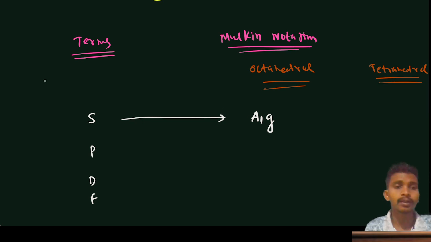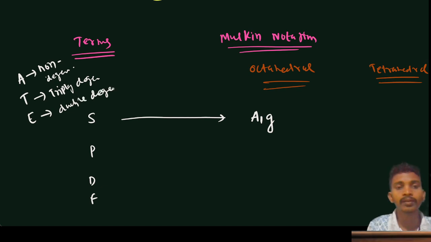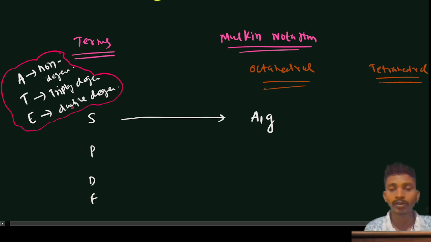Okay, and we have discussed in group theory A, T, E. This A is non-degenerate, this T is triply degenerate, and this E is doubly degenerate.